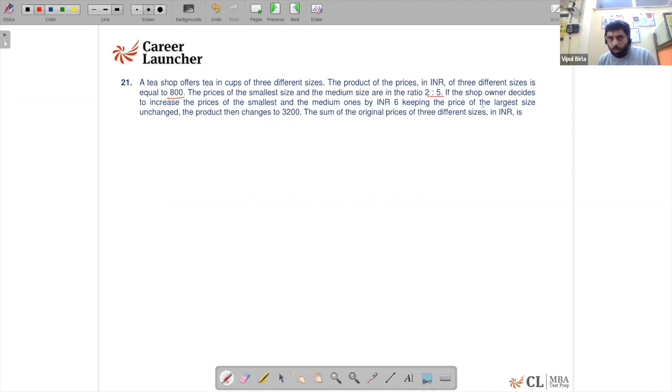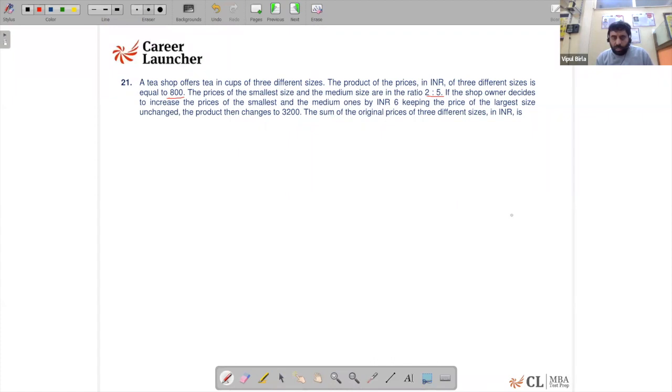If the shop owner decides to increase the price of the smallest and the medium ones by INR 6, keeping the price of the largest size unchanged, the product of the changed prices is 3200, and the sum of the original prices of the 3 different sizes in INR is?